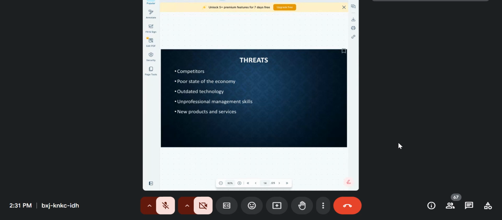Then unprofessional management skills. If there is no professionalism, that becomes a threat. I do remember we mentioned this during our last lesson about micromanagement. When we look into leadership and management more, we'll look at this better. You don't want to micromanage.